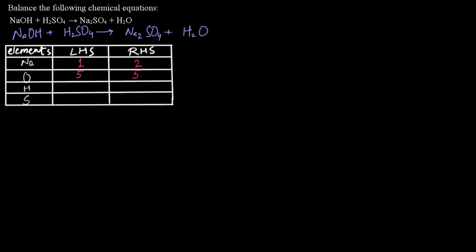Now for hydrogen, 1 hydrogen is from NaOH and 2 hydrogen atoms are from H2SO4. So 1 plus 2, we have 3 on the LHS. On the RHS, we have 2 atoms of hydrogen from the water molecule.